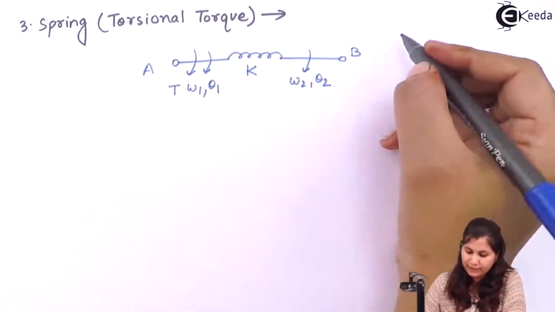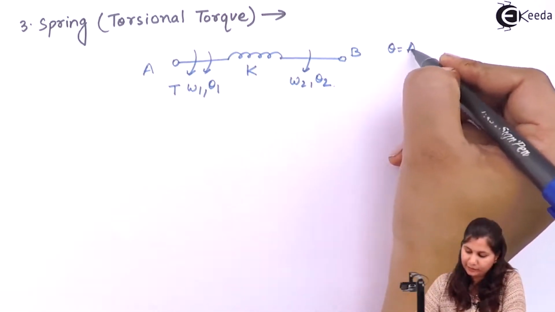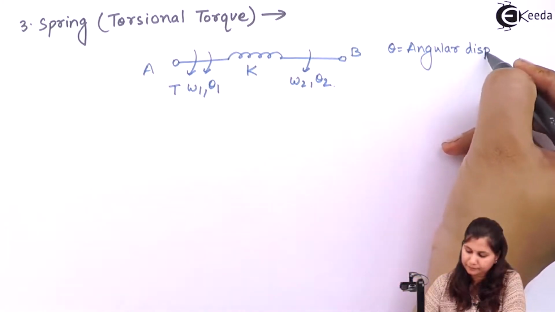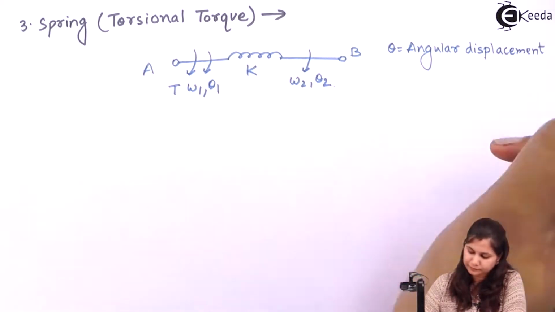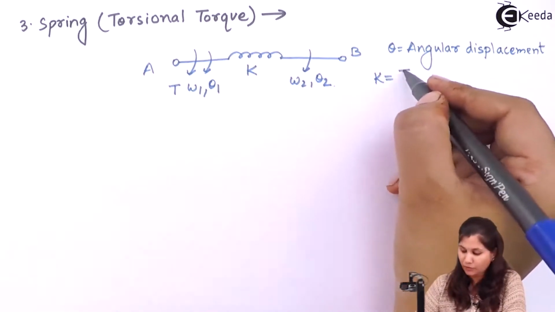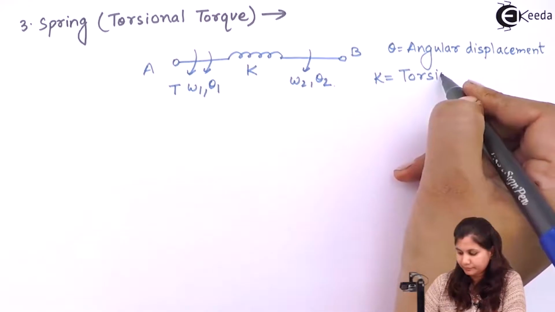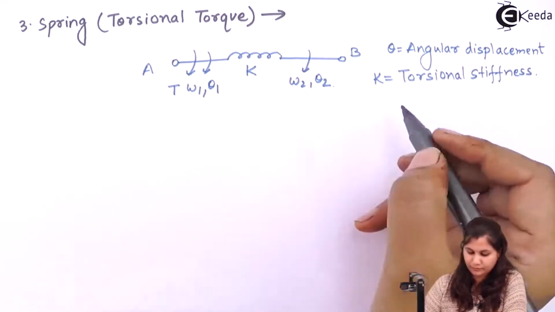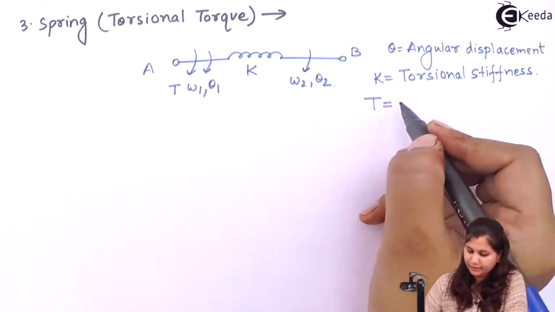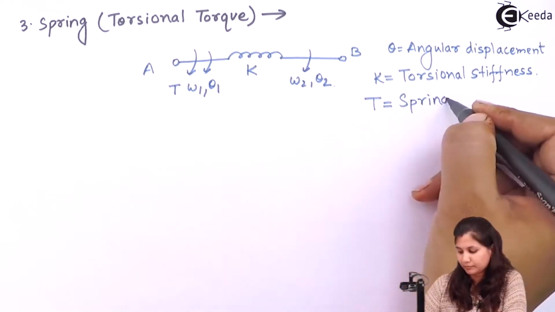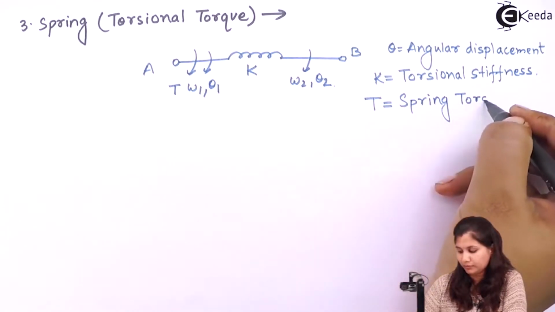So for this we have theta as the angular displacement, K is the torsional stiffness of the spring, and T is the torque which is acting on the spring, so it is the spring torque.